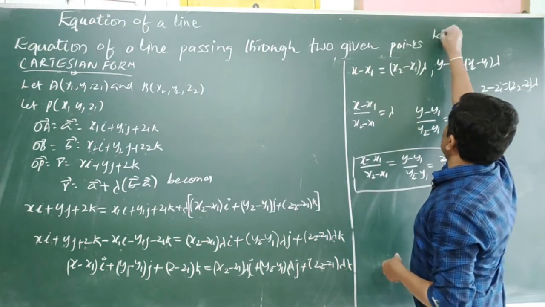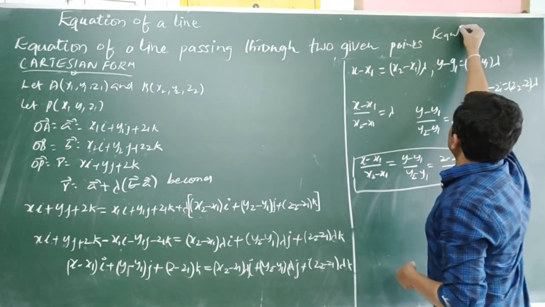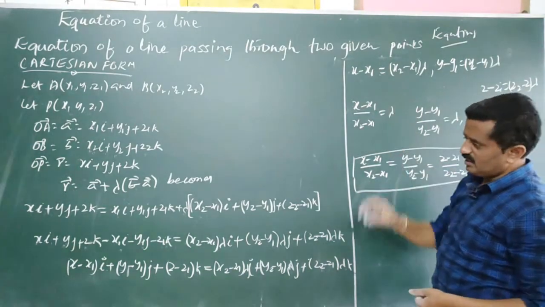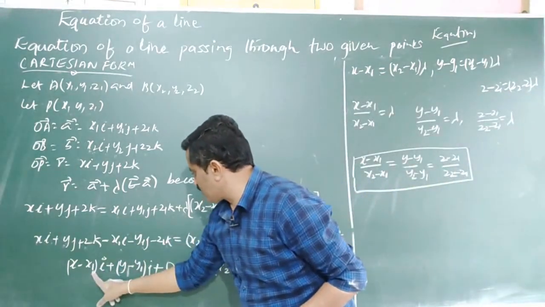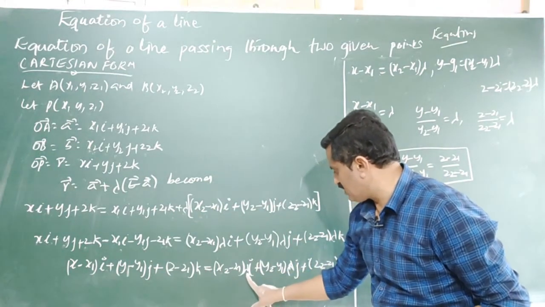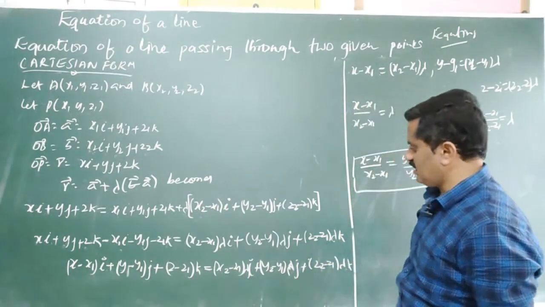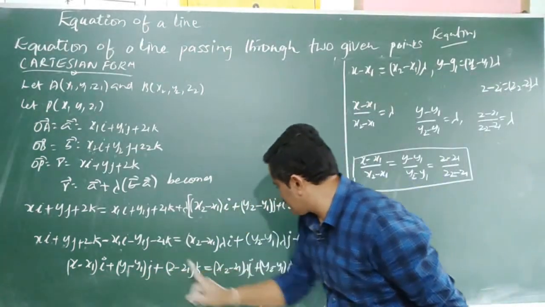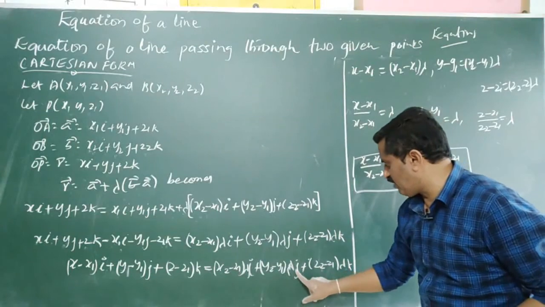So we can write, equating the corresponding components, x minus x1 is equal to x2 minus x1 of lambda. Again we have y minus y1 is equal to y2 minus y1 of lambda.